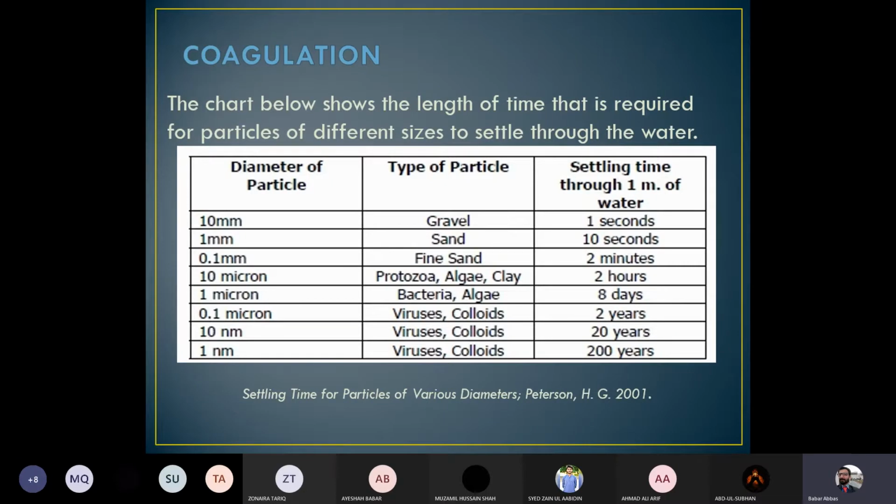But that issue can be addressed through the addition of chemicals, which can speed up your process, reduce the detention time, and remove these particles in a very short time period due to their properties or nature. And that's why we add some chemicals in the water batch to remove the suspended particles at a faster pace.